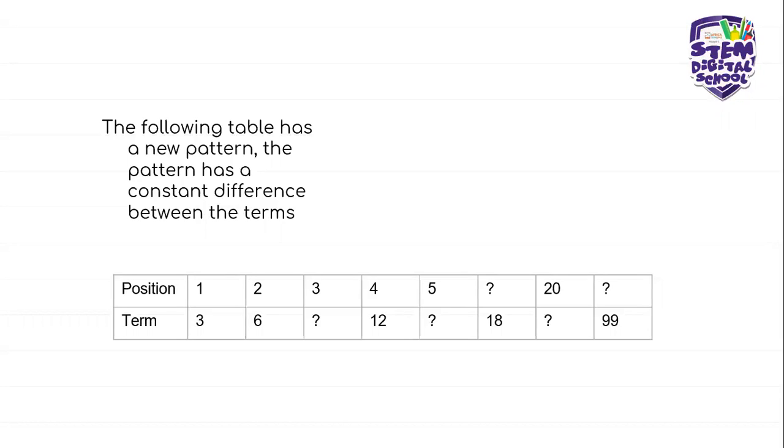So the term, according to Junior, and Angelina has found it as well, will be 9. I hope that you have used the method that I've just taught you, by taking 3 and multiplying it by the constant difference, which is 3. So 3 times 3 is 9.